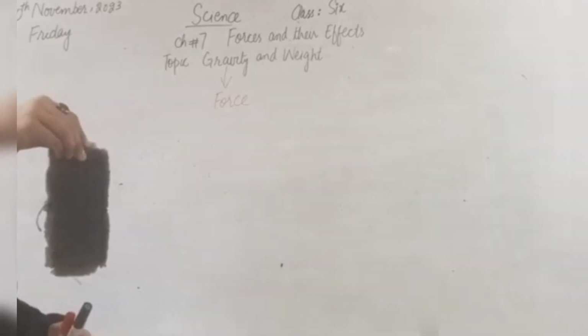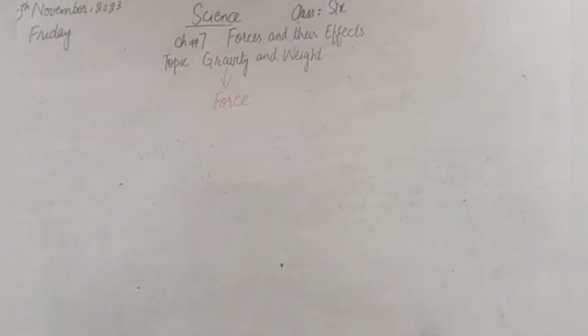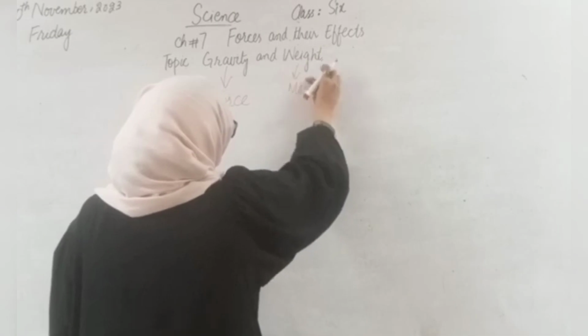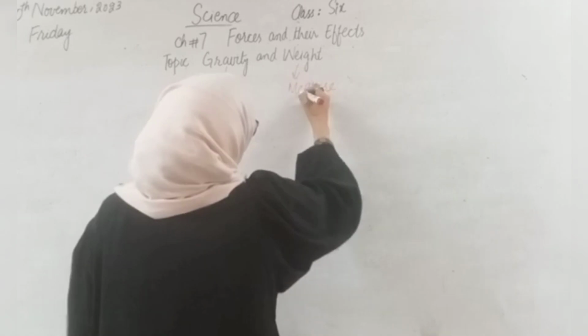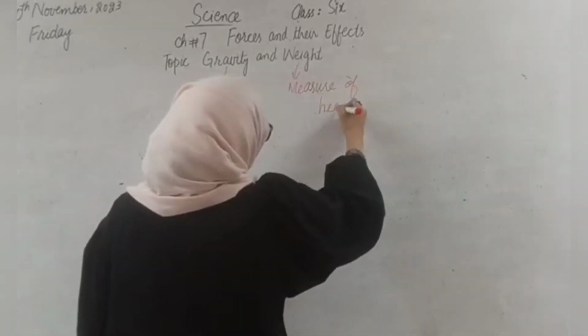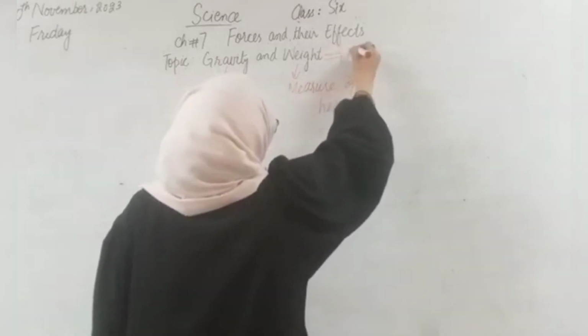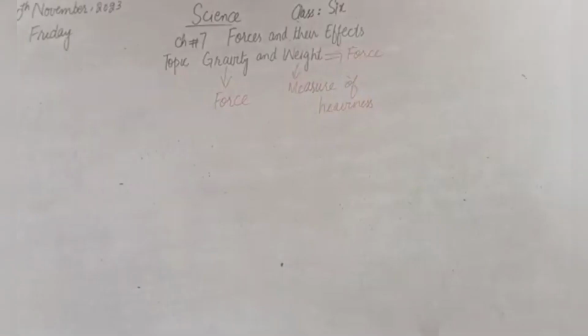You know that. And one thing more, that is weight. Weight is a measure of heaviness of something, and it is also a force, by which things move towards the downward direction with the help of gravity.